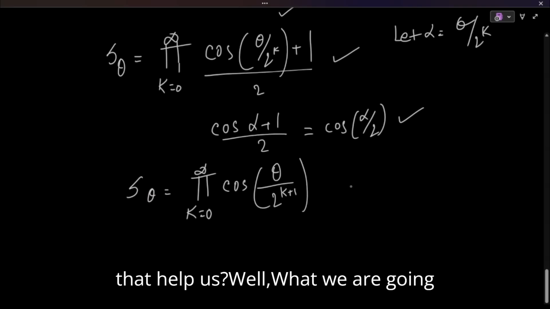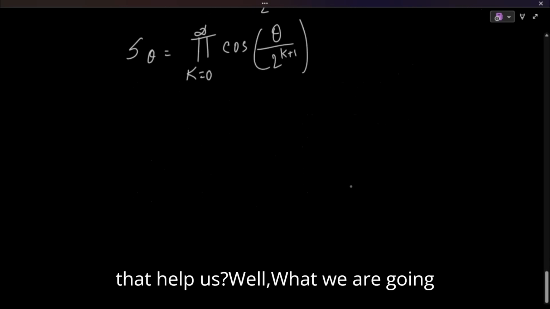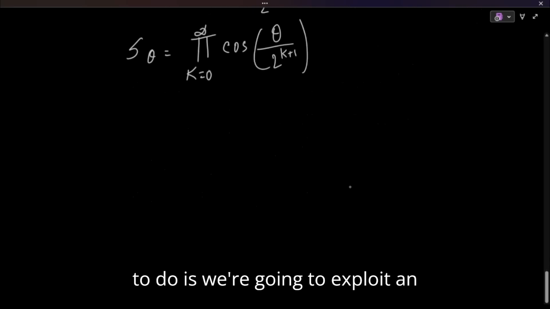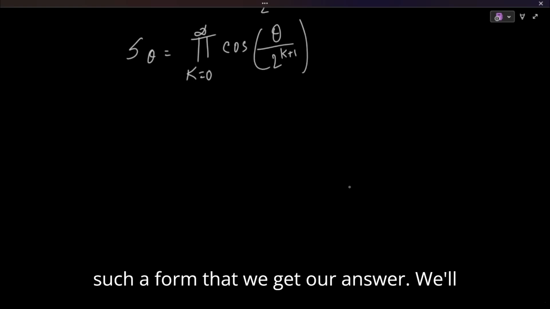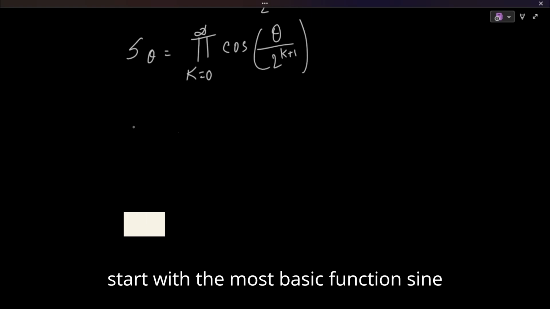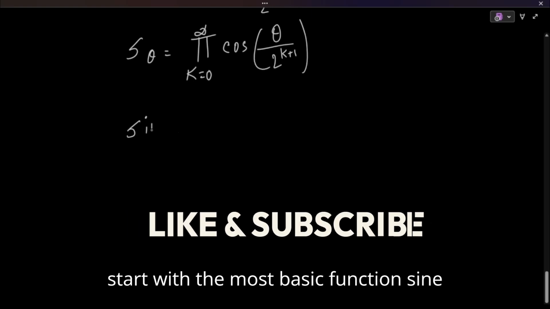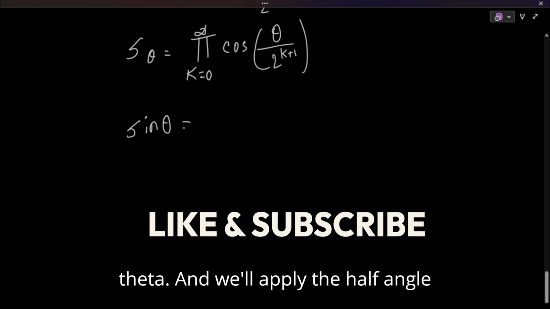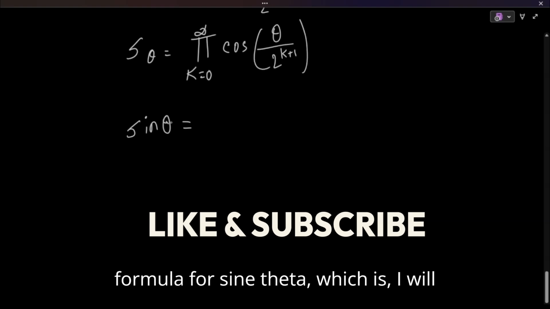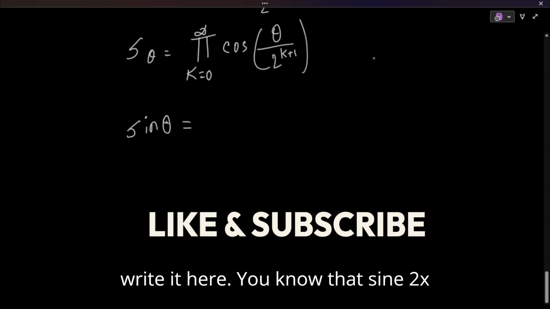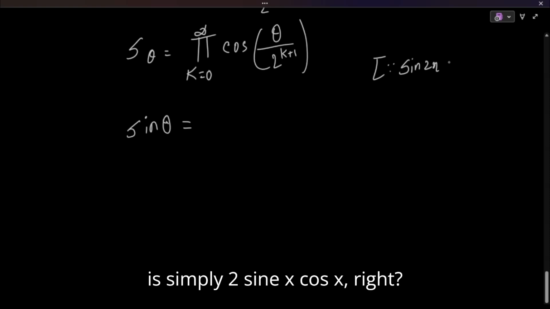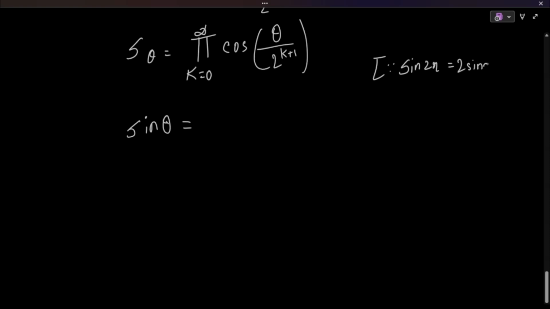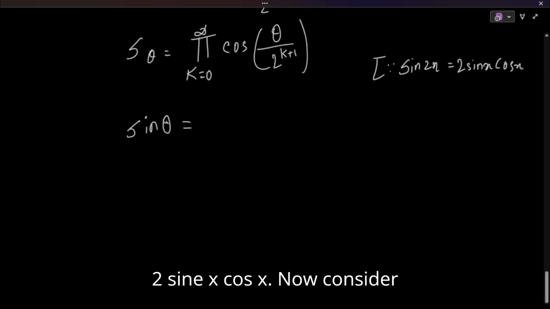But how does that help us? Well, what we are going to do is exploit an identity and extend it in such a form that we get our answer. We'll start with the most basic function, sine theta, and apply the double angle formula. You know that sine 2x is simply 2 sine x cos x.